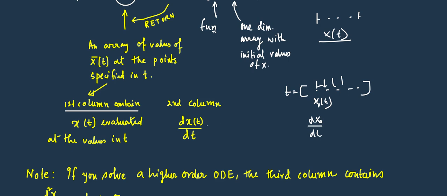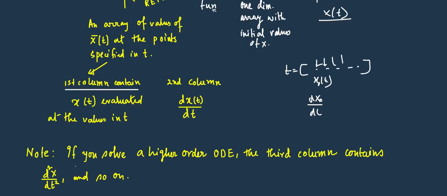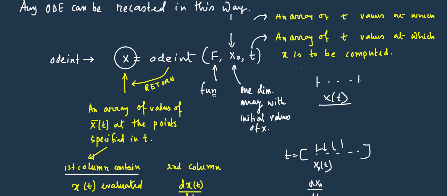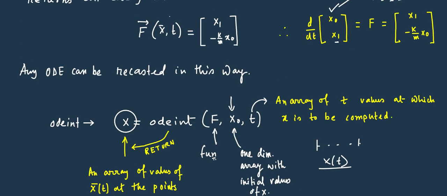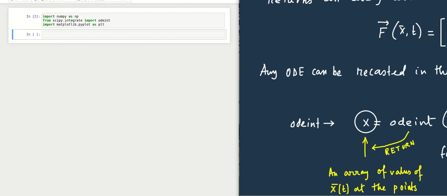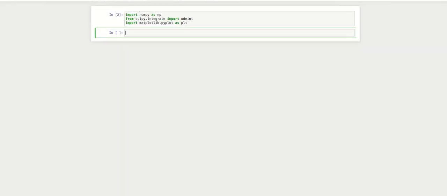And if it is a higher order differential equation, third order or fourth order, the third column will contain d2x/dt2 and the fourth the next derivative, and so on. In this way any order can be solved, and you first have to recast it by variable transformation. Now we are going to discuss how to implement that in Python.